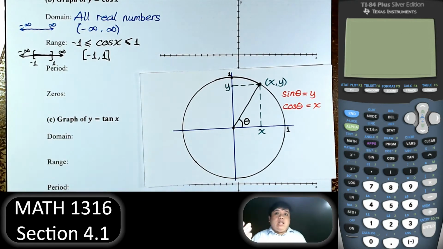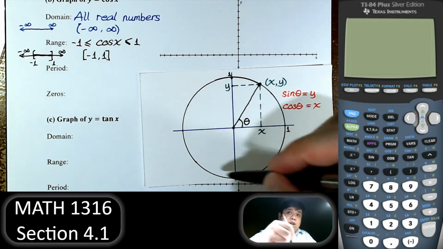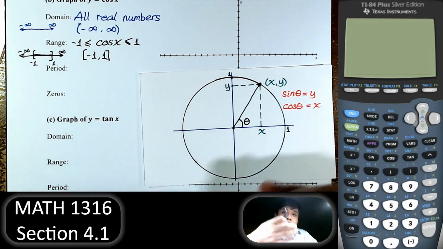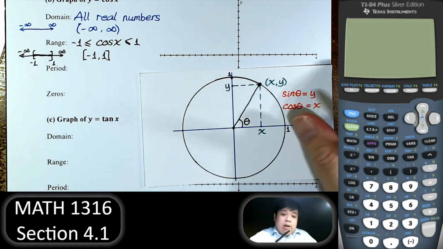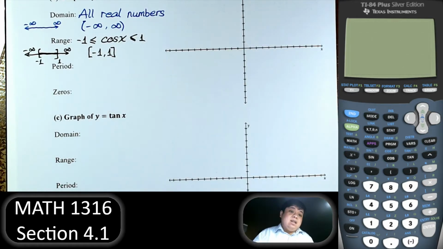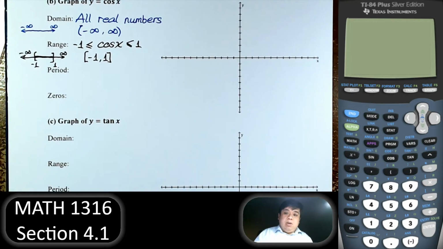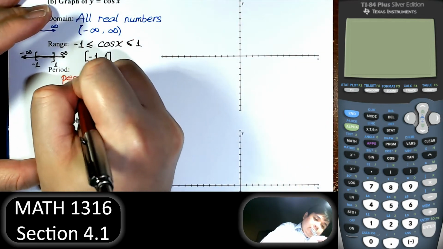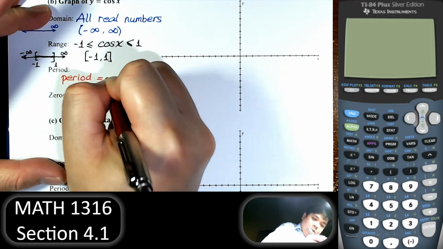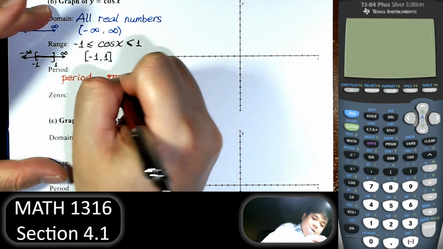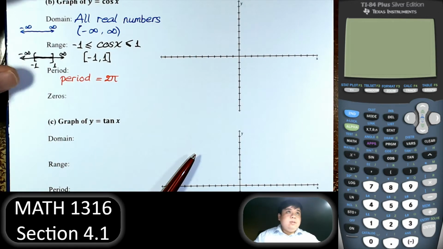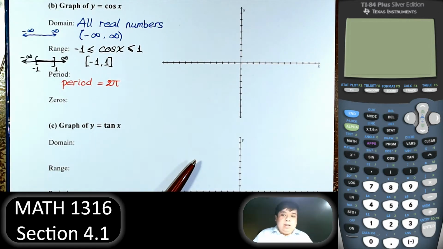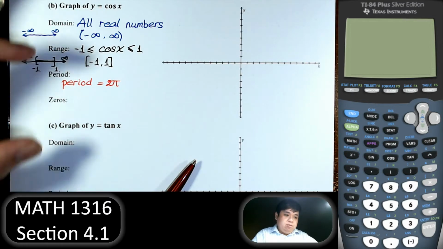Because it doesn't matter what the point is on the unit circle, the x values can only be between -1 and 1, and the cosine can only be between -1 and 1. That's why we write it like that. And the period is equal to 2 pi. Right? So exactly the same as the sine function, those three things.